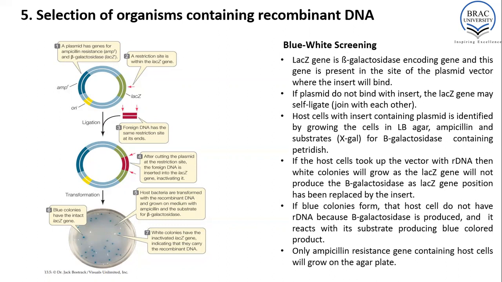As a result, the enzyme breaks down the substrate X-gal and produces the blue color, so on the plate we can see blue colonies. This is one type of visual screening that gives us an idea, after the transformation, of how many colonies we get with an insert ligated to the vector, or how many colonies are just self-ligating by themselves.